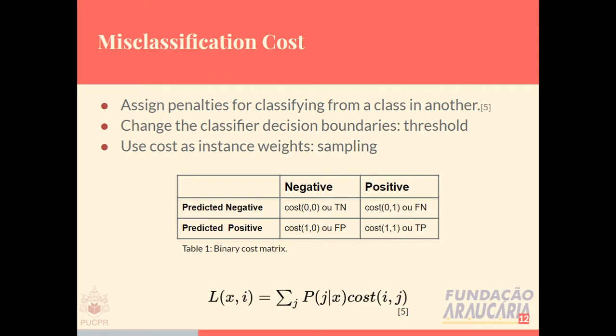Let the function cost in this framework be the cost involved in classifying example x as i when its ground truth class is j. One way to build a cost-sensitive classifier is to build a model which chooses the class i which minimizes the sum of the probabilities and costs for the actual class of the example x.